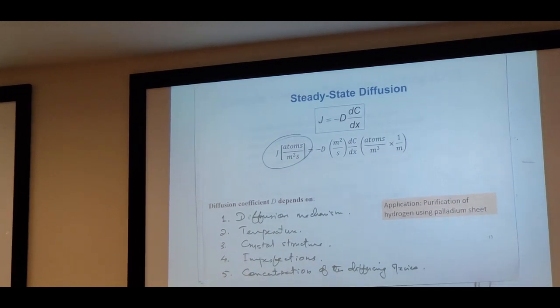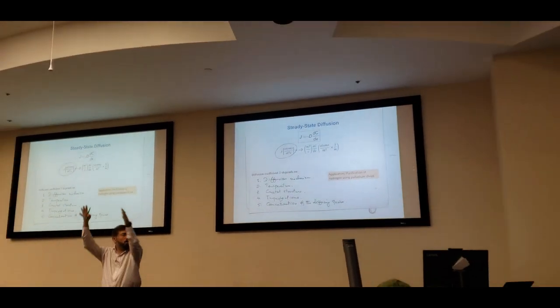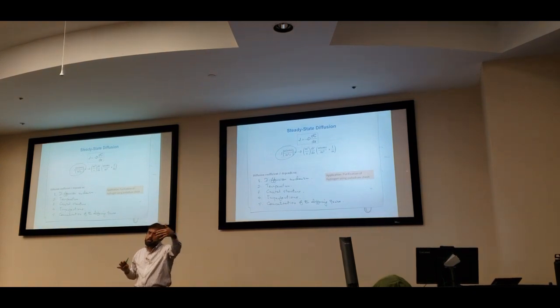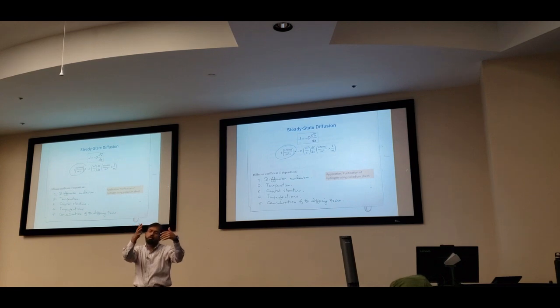What happens is, assume that this is again the chamber. You have that palladium sheet here, and the input through that inlet is impure hydrogen, hydrogen contaminated with so many other impurities.